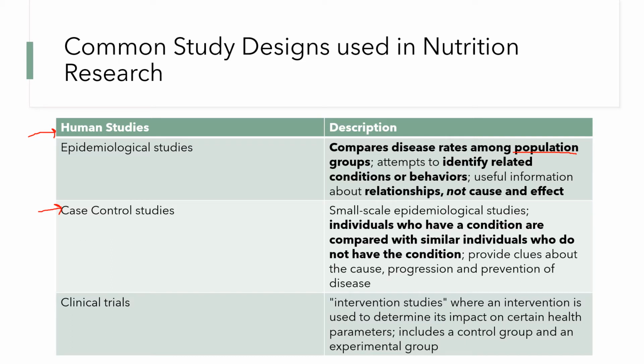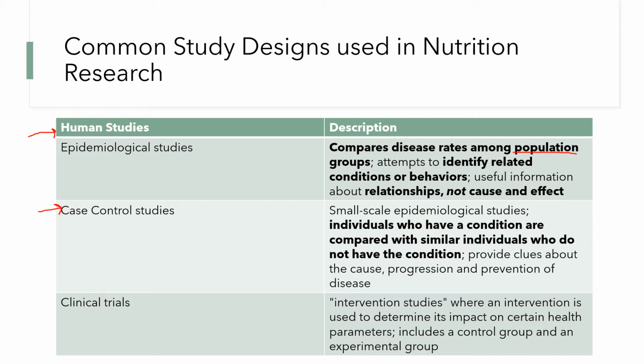Or in more modern times, common case control studies might look at people who have type 2 diabetes compared to people who don't, or individuals who have developed cancer or who have had any sort of cardiovascular disease event, be it a stroke or a heart attack, and compare them to people who haven't.